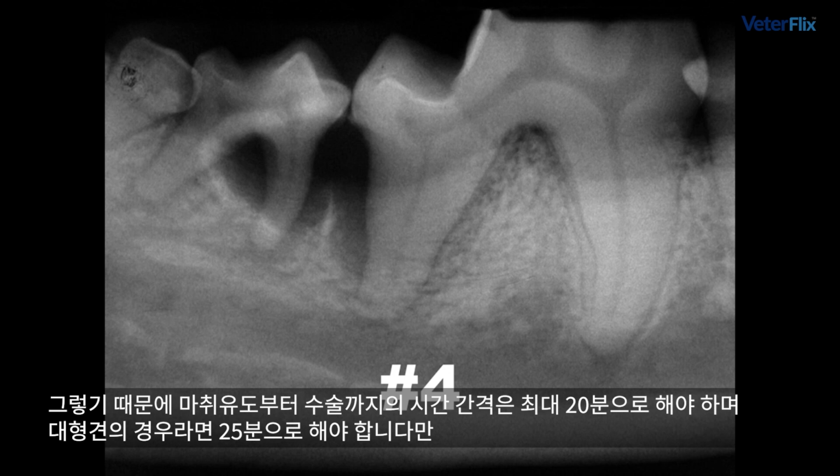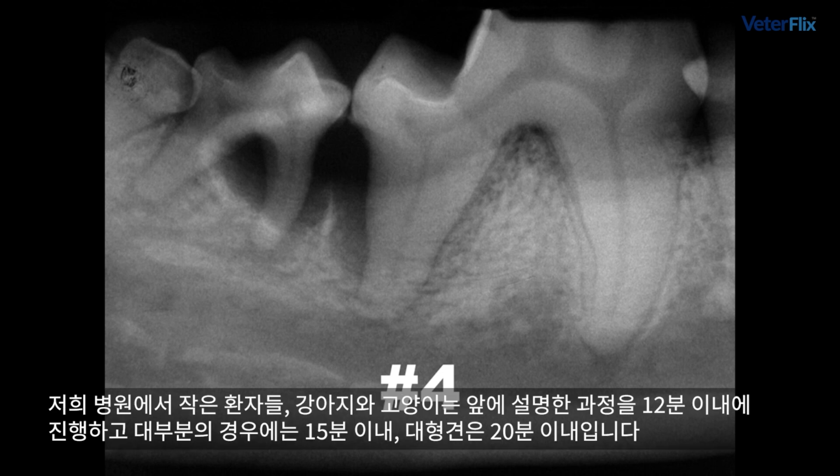And maybe in a very large dog, it could be up to 25 minutes. But for our practice, for the small patients, the dogs and cats, it's generally 12 minutes or less. For all of that I just described earlier, at the most 15 minutes or less in almost all cases. 20 minutes in a large dog would be a long time for that to happen.